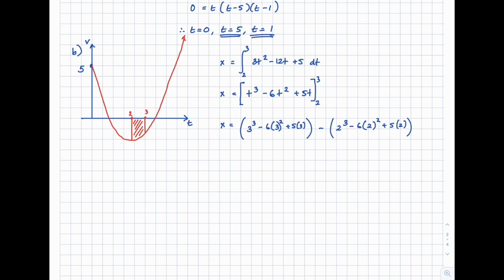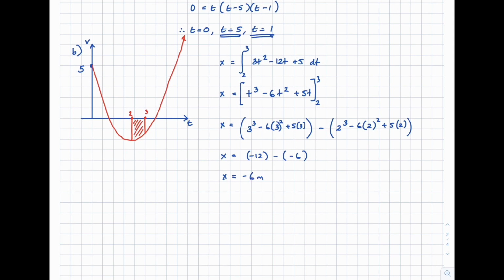And when you put this all into your calculator, when you calculate it, what do we get? You end up with minus 12. So this is minus 12. Take away negative 6. And minus 12 take away negative 6 gives you minus 6 meters.